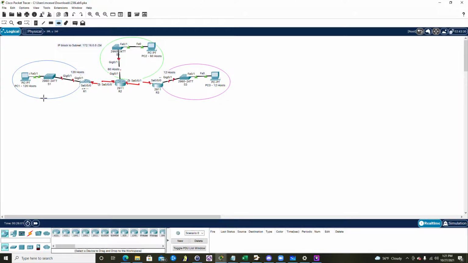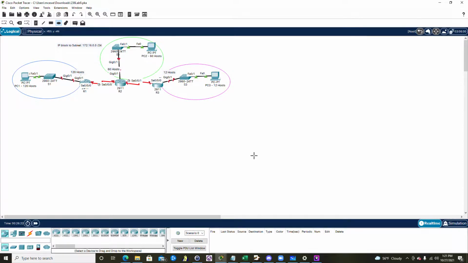We have our first LAN, which is for PC1 going up to router 1 there. Our next one is for PC2, and that's 60 hosts. And our third is for PC3 right here. And so we're going to talk about how to actually subnet out and create the networks for each of these.